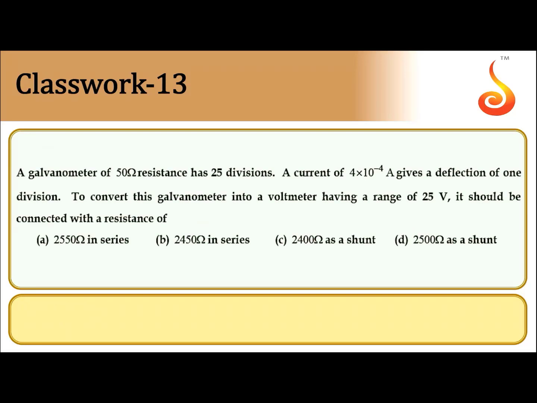Example 13. A galvanometer of 50 ohm resistance has 25 divisions. A current of 4 into 10 to the power of minus 4 ampere gives a deflection of 1 division. To convert this galvanometer into a voltmeter having a range of 25 volts, it should be connected with a resistance of, okay.